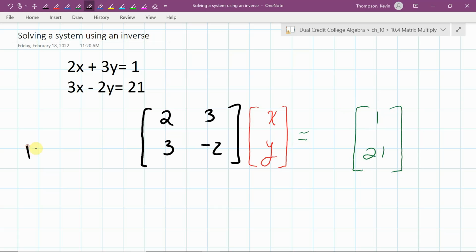Sometimes this will be called like a matrix equation. Sometimes it'll say like use algebra to solve, but this is what it's talking about.